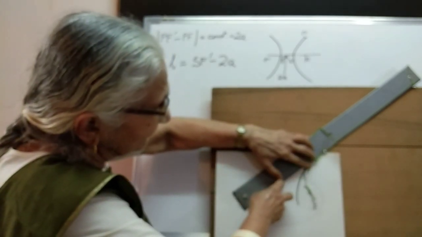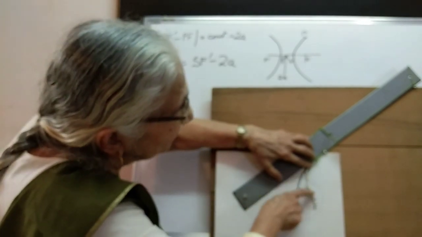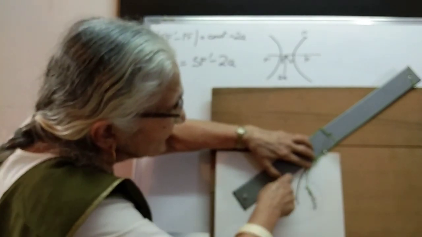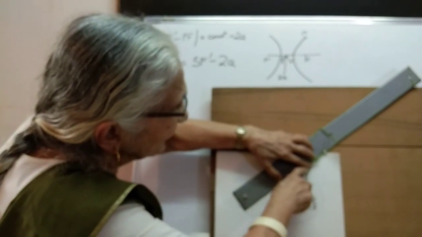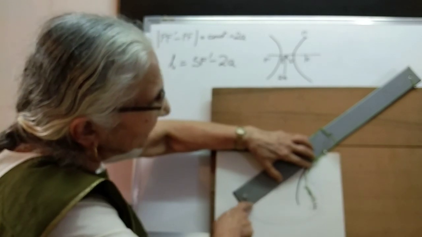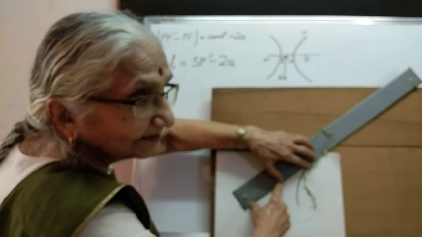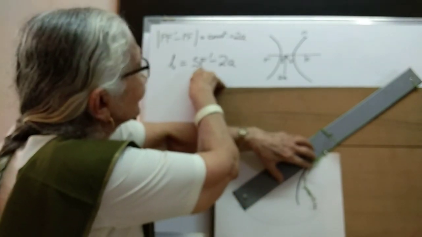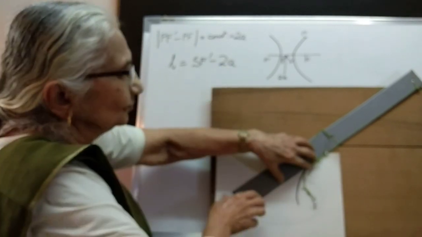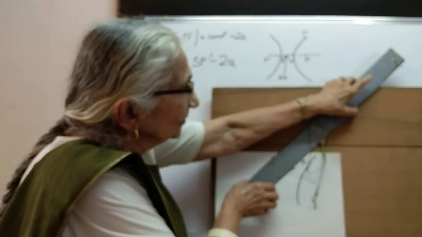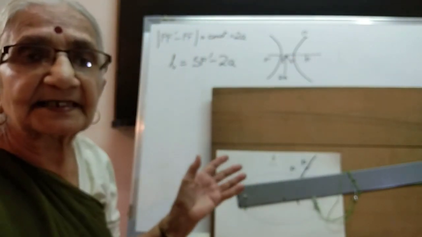So this would have been L. Then this would have been 2A. Now how much is this? This is PF. And this is PF dash. So PF dash minus PF is this much, and that is precisely our length minus SF dash, that is, SF dash minus the length, and that is 2A. So that is how we show that this is precisely a hyperbola.